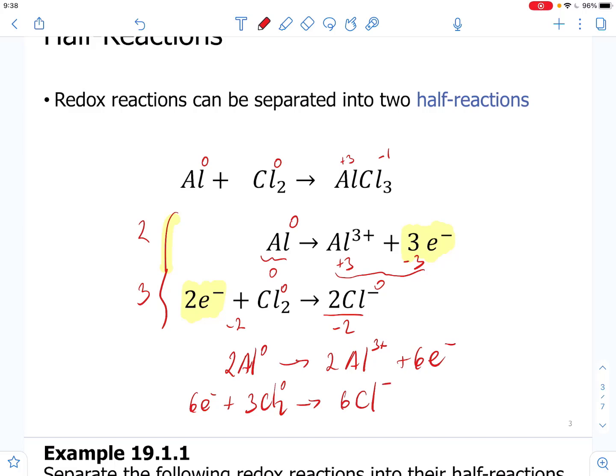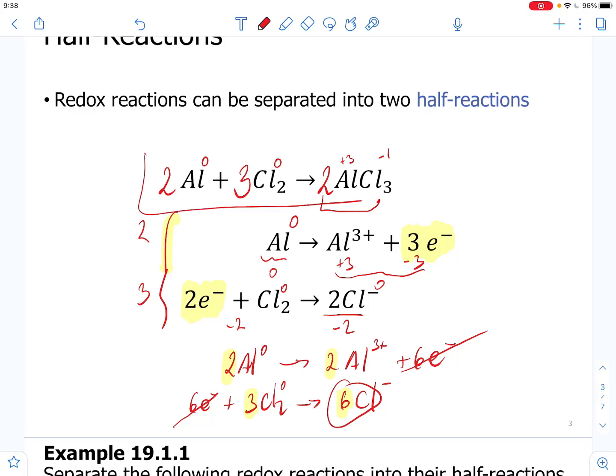Okay, so now these electrons cancel, and then what we do is take these coefficients and bring them up to your reaction. So that means your aluminum gets a 2 here, your chlorine gets a 3 here, and then you require 2 aluminums here, and these 2 times 3 you get the 6 chlorides that you need there.